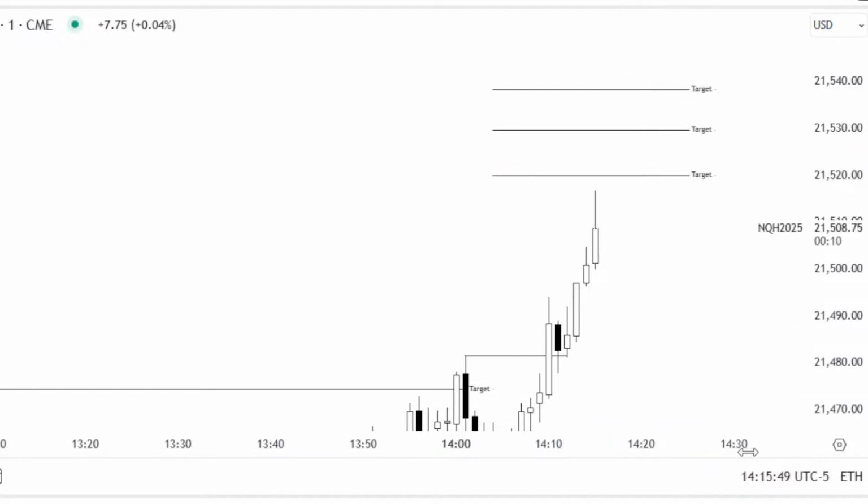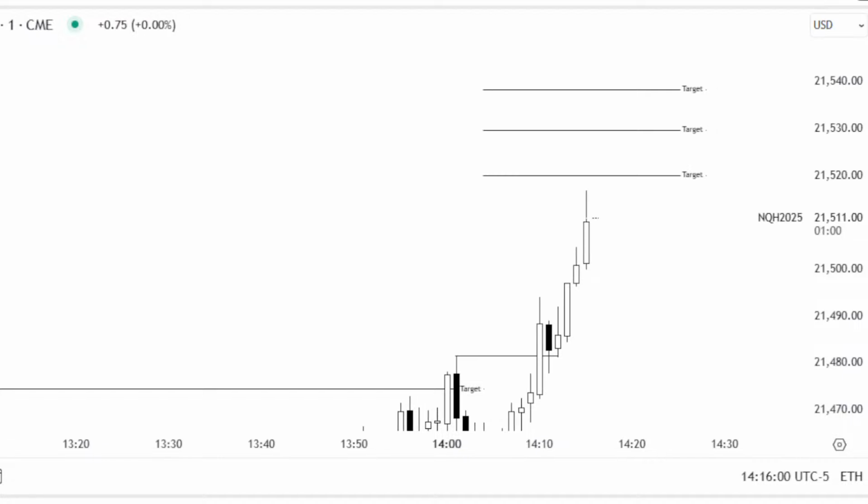Those are targets. See how it plays out. Okay, so we've got the 520s next.